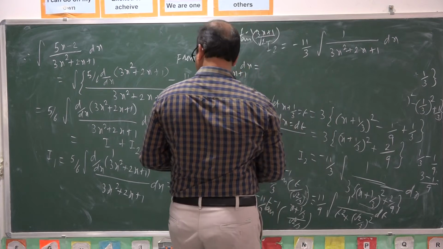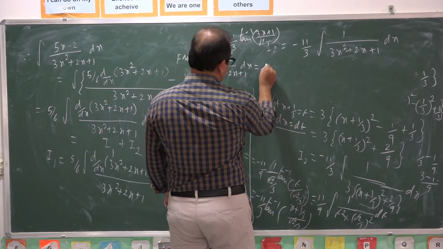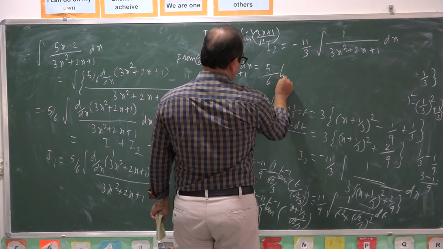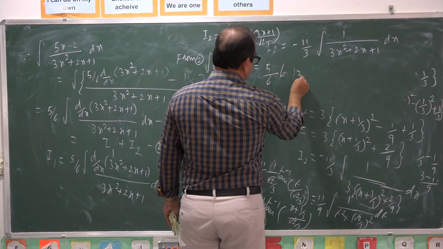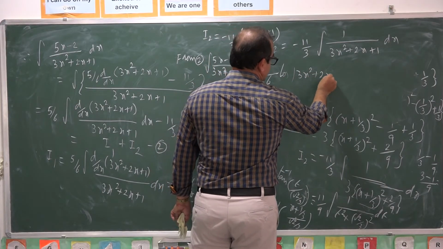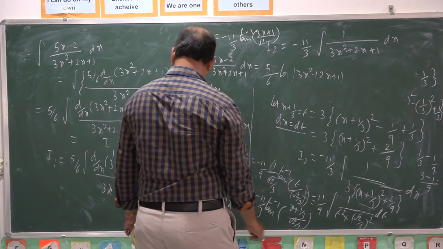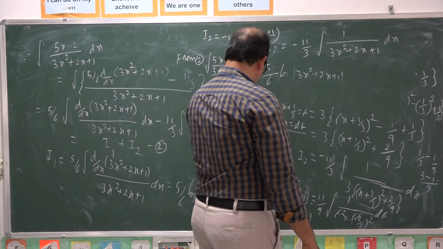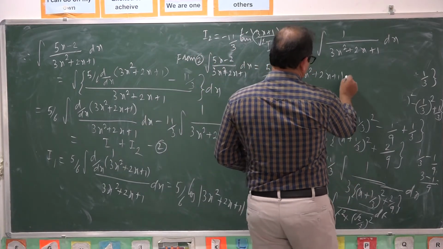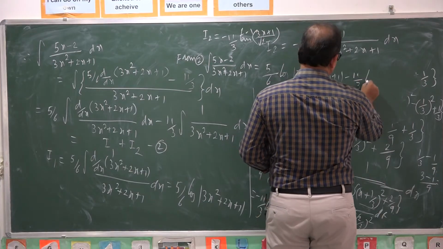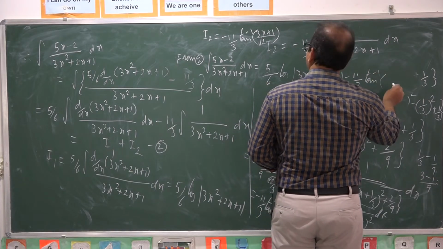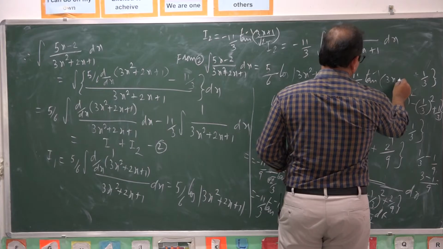Is equal to, what is I1? 5 by 6 into log of 3x square plus 2x plus 1. I2 is minus 11 by 3 into tan inverse 3x plus 1 by root 2.